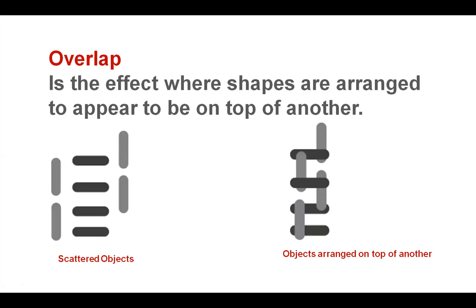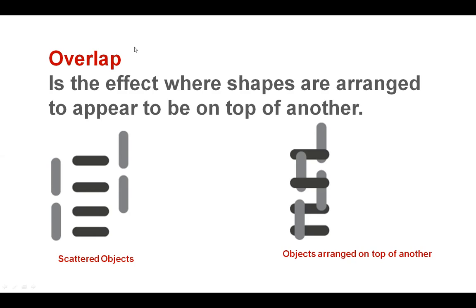So it is that effect where you just decide to arrange shapes, make them appear as if they are on top of another. For example, when you look at the two diagrams, these are scattered shapes. Okay?